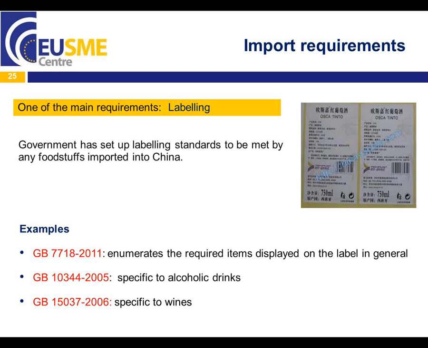So labels, like standards, may come in different levels. For example, the general label is one standard, and that goes for foodstuffs in general. But then there is some more detail for alcoholic drinks, and one more detail for wines.